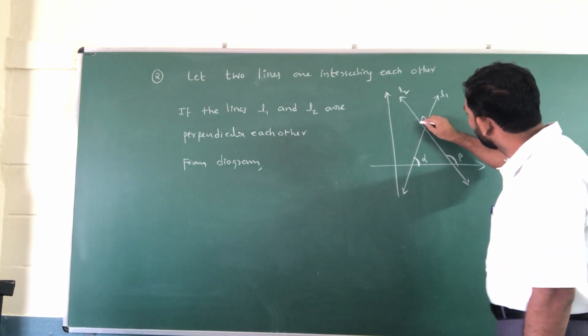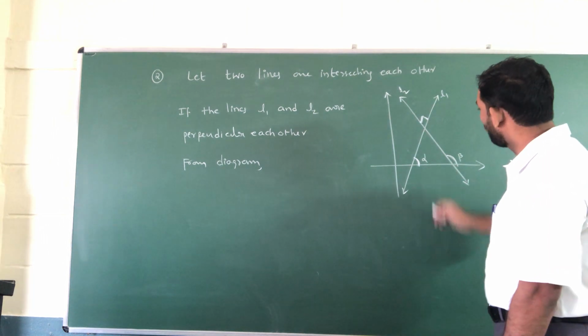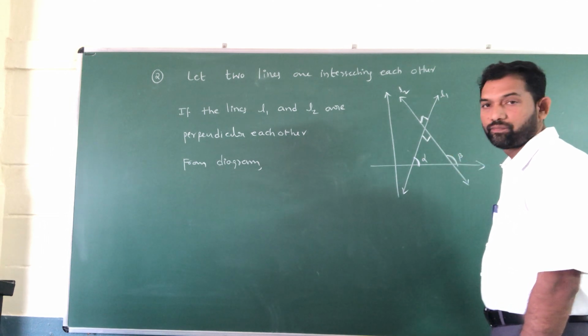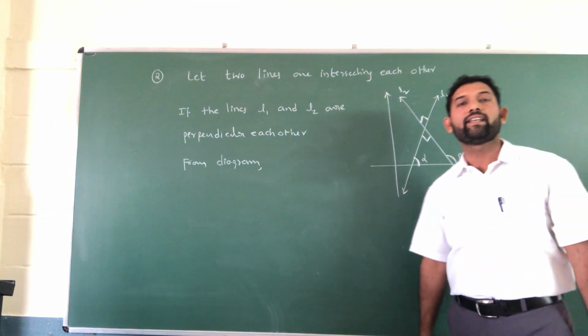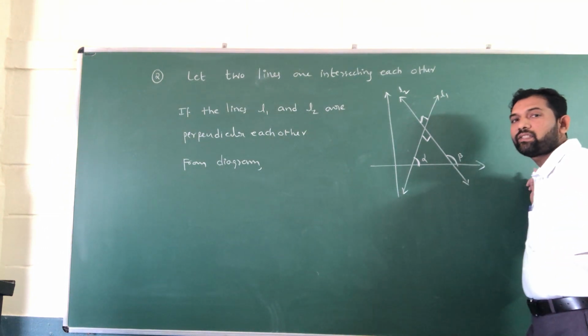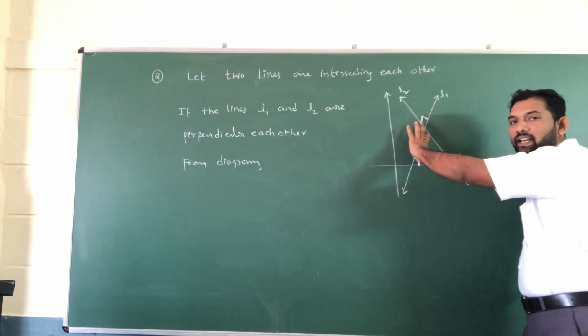Now here it makes 90 degrees. How much is this angle? This is also 90. Now beta is the exterior angle, and the exterior angle is equal to the sum of the opposite interior angles.